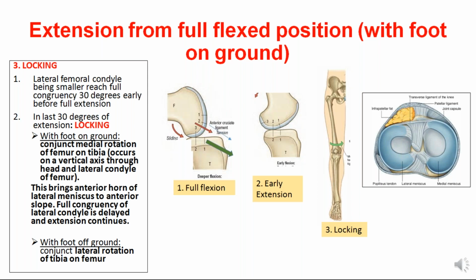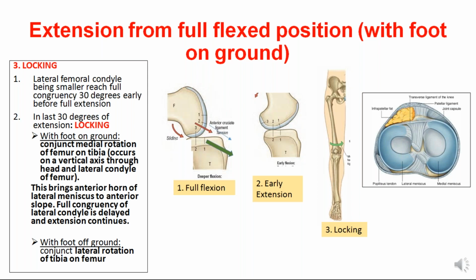So when the femur has medially rotated, the lateral condyle will also get rotated, right? This leads to bringing the anterior horn of the lateral meniscus to the anterior slope. So now what will happen? Because of this, the full congruency of the lateral condyle is delayed, and extension can now continue.